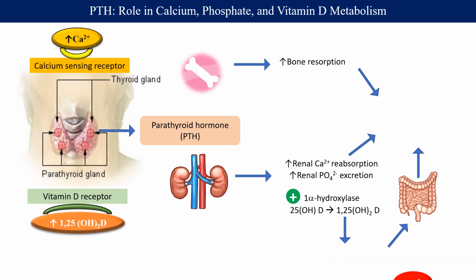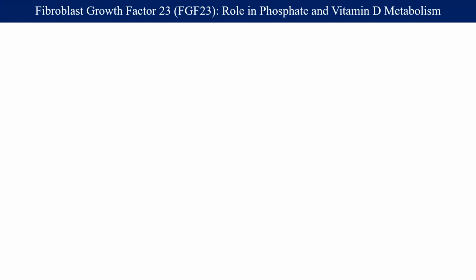The binding of calcium and vitamin D to their respective receptors provide a negative feedback to parathyroid glands to reduce PTH secretion. A few words about fibroblast growth factor 23 or FGF23 as it relates to phosphate and vitamin D metabolism.